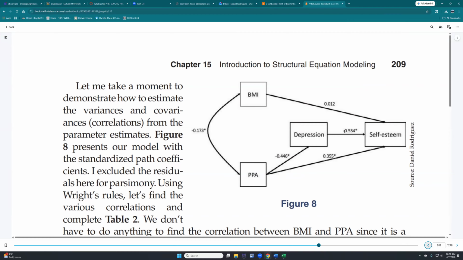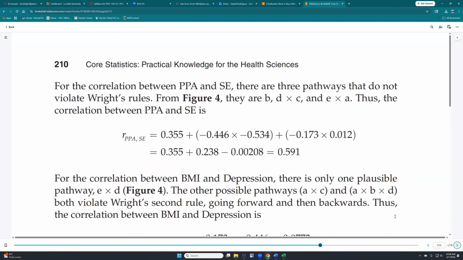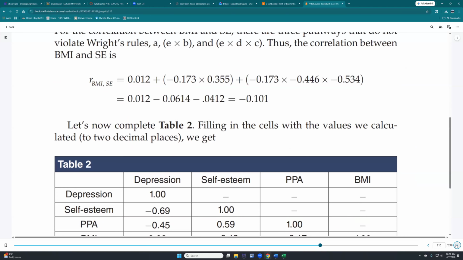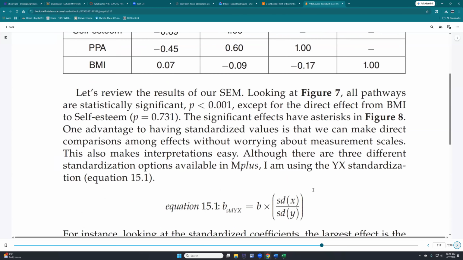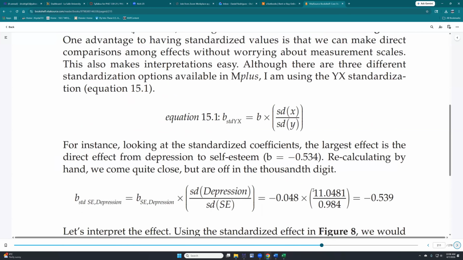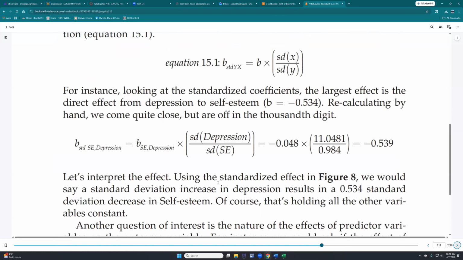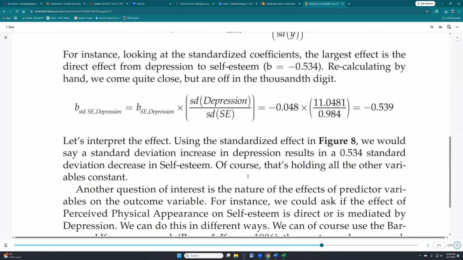Because if we forget the negative sign and just look at the absolute value, 0.534 is bigger than everything else. This one's kind of close, but really, this is the major effect. You have to understand that there are different ways to standardize, and in the program you would want to read about the different types of standardization. And here I show you how I calculated that.